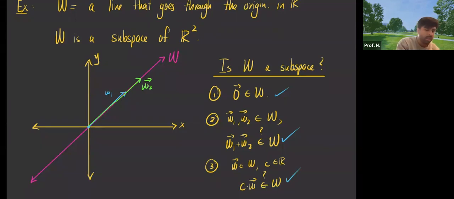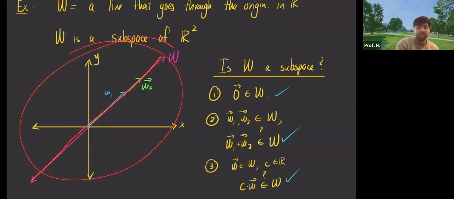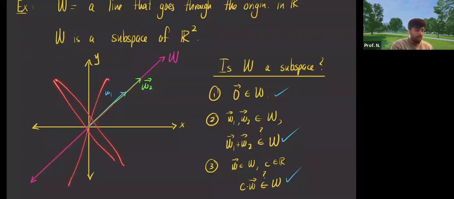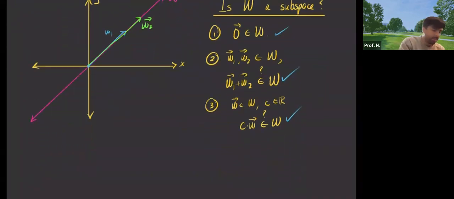Well, since these three conditions hold, this subset of the vector space R2 is a subspace. And then you go on to say that any line that goes through the origin in R2 is a subspace of R2.